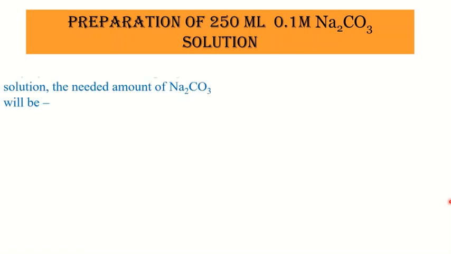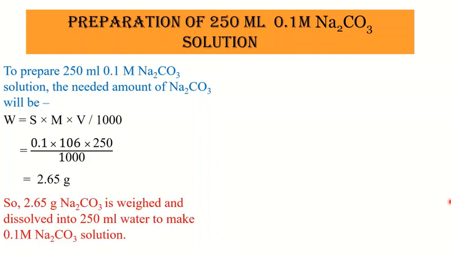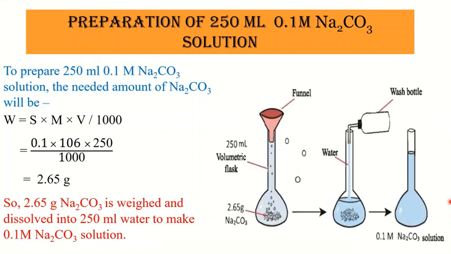So, to make 250 ml 0.1 molar sodium carbonate solution, the needed amount of sodium carbonate is 2.65 gram. So, at first you will weigh 2.65 grams sodium carbonate and dissolve it into 250 ml water to make 0.1 molar sodium carbonate solution.